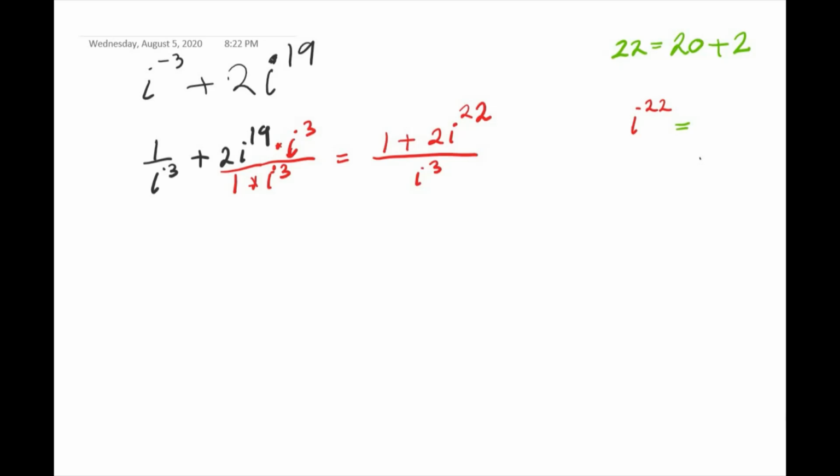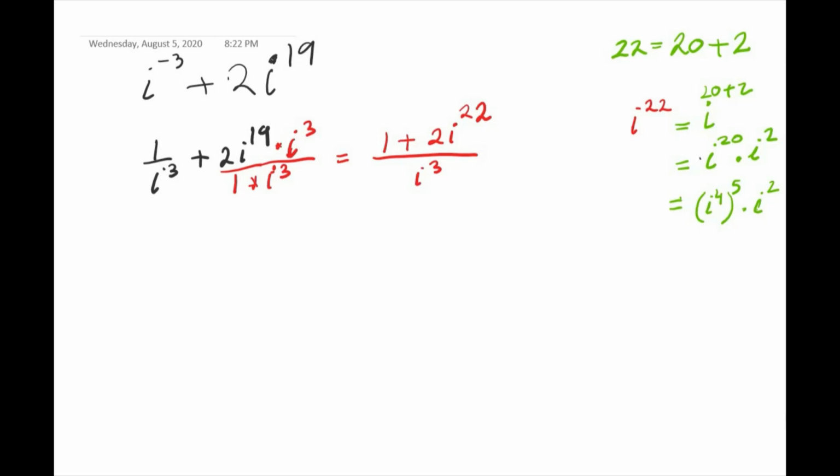So I can rewrite this as i to the 20 plus 2, which basically is i to the 20 times i to the second power. Now I can rewrite 20 as 4 times 5. So this is going to be equal to i to the 4, and I know what i to the 4 is, raised to the 5th power, because 5 times 4 is 20, times i to the second power.